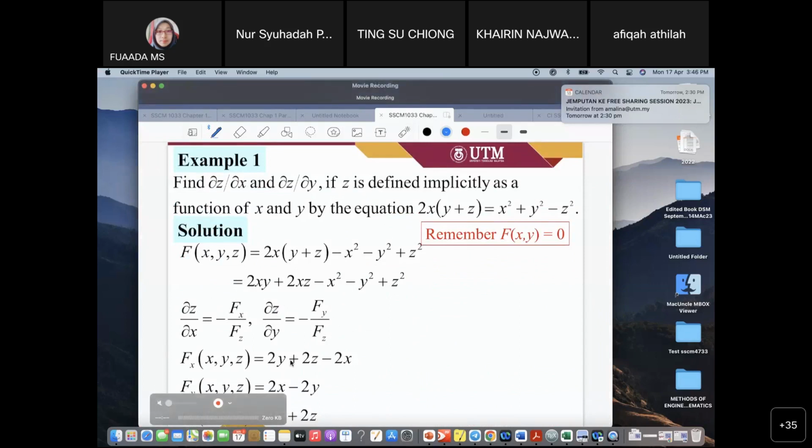Okay, the solution given just for you to compare the answer. Okay, now it says that z is defined implicitly as a function of xy. So we know that xy is an independent variable, but z is a function. So kalau tengok kat sini, z, x dengan y, dia just mix up everything.